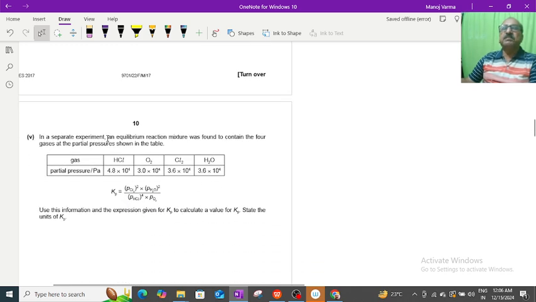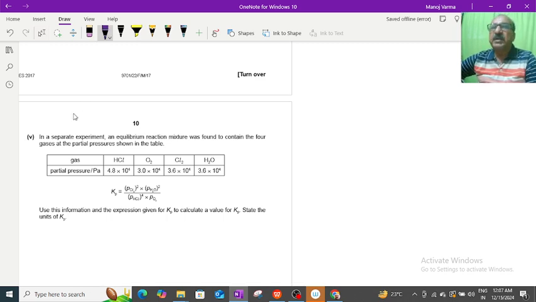In a separate experiment, an equilibrium reaction mixture was found to contain the four gases at the partial pressures shown in the table. They are using the same reaction given in the beginning, HCl, O2, Cl2 and H2O. But once again, they have not mentioned the stoichiometry. So this is for the students to remember and put the value.